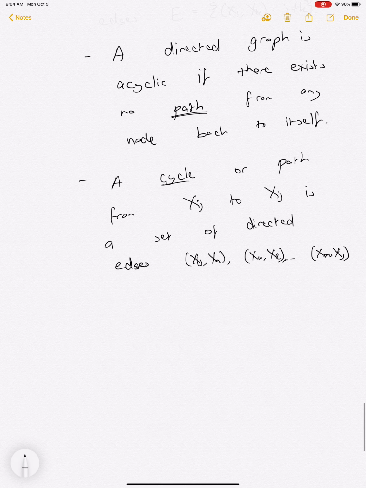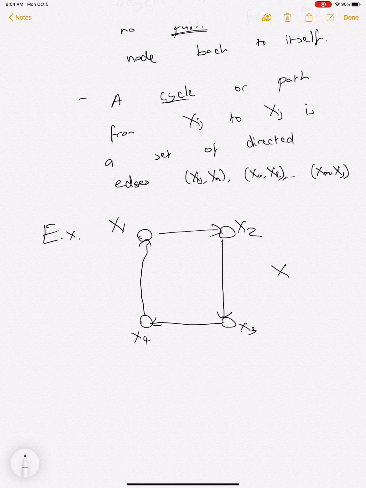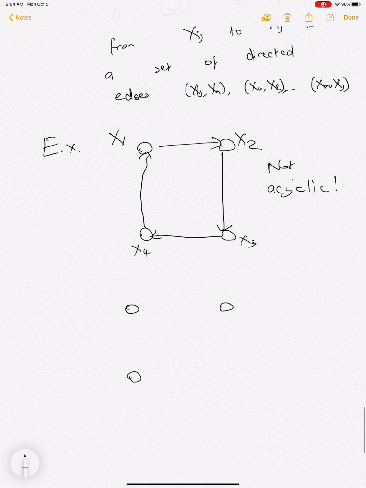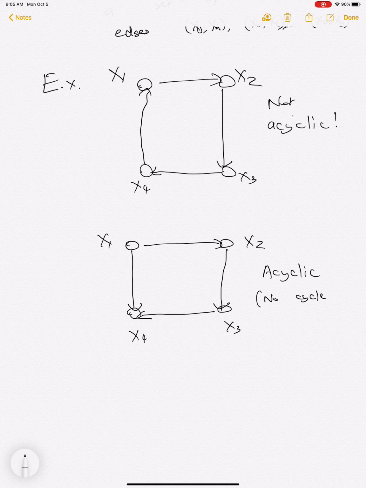Okay, so this is not acyclic because it has a cycle, but on the other hand, this is acyclic because you can see that there are no cycles. You can't walk from any node back to itself.